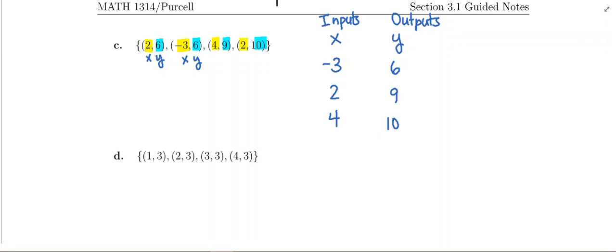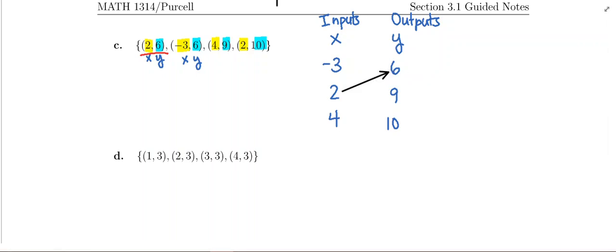We're going to define the relationship by drawing arrows. We want to draw from the input to the output according to each ordered pair. Looking at this first ordered pair, 2, 6, that is telling us that we need to draw from 2 to 6. So this is how we're going to draw our arrow here.